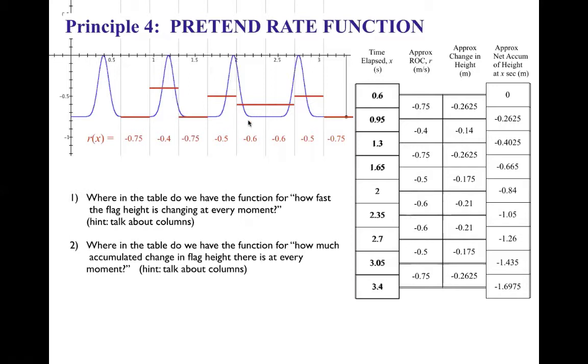For this one, we see all the rates from 0 to negative 0.75, but then there's a big chunk of this interval that's all at negative 0.75, so that's going to bring the average down. So we estimated the constant rate in that interval to be around negative 0.6, kind of below halfway. So we did that for every interval, and we built this pretend rate function that has constant rates.